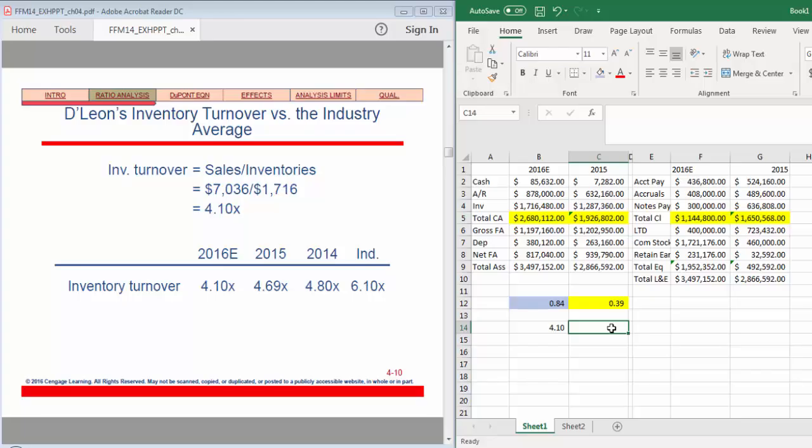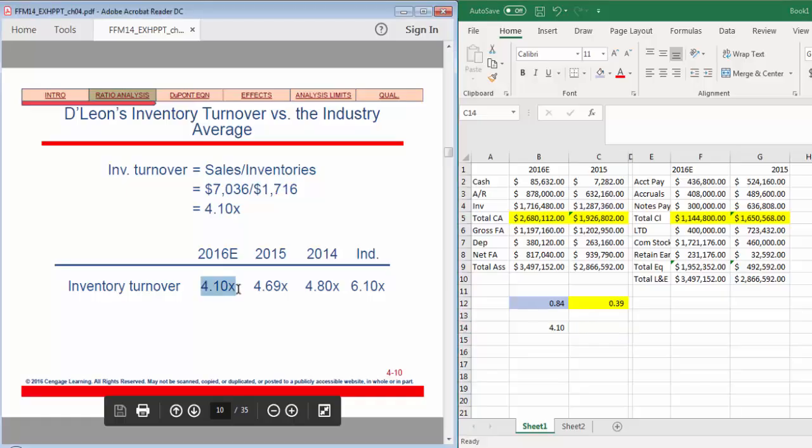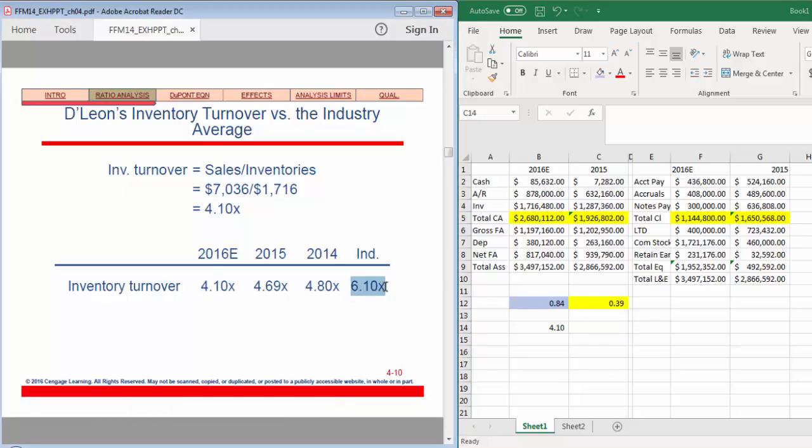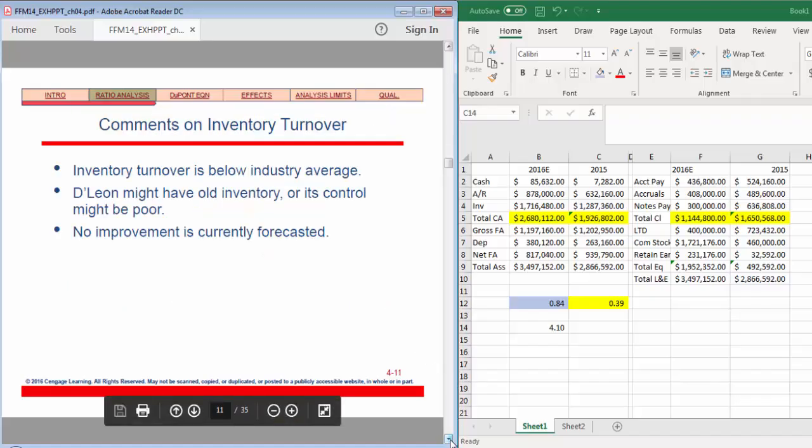That is the number of times a year that you're converting your inventory into sales. So the higher the number, the better. In this case you have 4.10 times, industry 6.10. So again, there's a long way to go. Inventory turnover is below industry average, as we had seen. There you go.